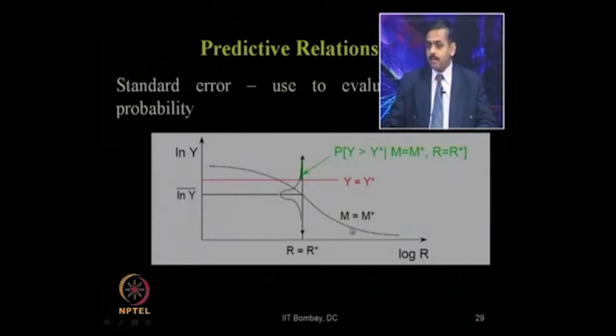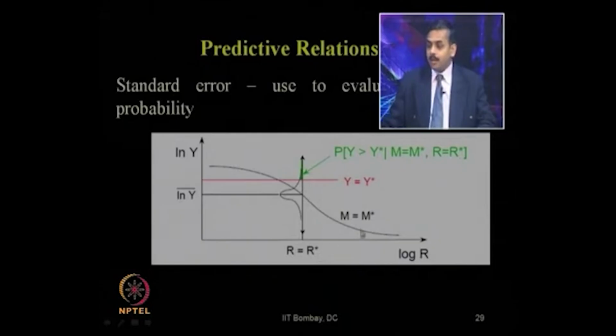So, in this, at a particular value of r equals to say r star, at which you are interested, and let us say this curve is obtained for a magnitude m equals to m star. Like for any relationship we have seen, we generally use m equals to m max, right, in deterministic seismic hazard analysis. And this r we use for deterministic seismic hazard analysis as r min, right.